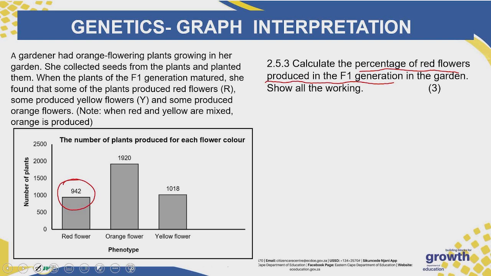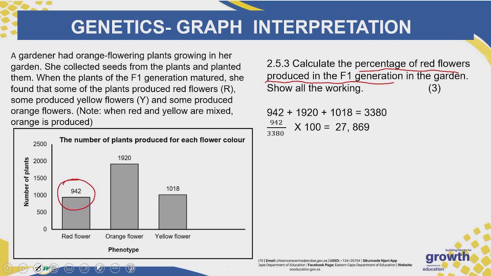But before we can work out the percentage, we need to know the total number of plants that were produced. So if you look here, we have 942 plus 1,920 plus 1,018. It gives us a total of 3,380 plants.